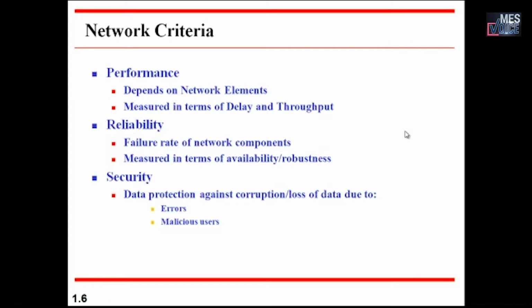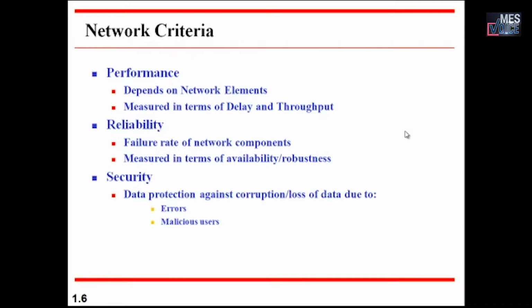And reliability, we know that the network should be reliable. We cannot afford a huge rate of failure when we are transferring between nodes. The occasional loss of packets could be understood, but we cannot afford the frequent loss of data.